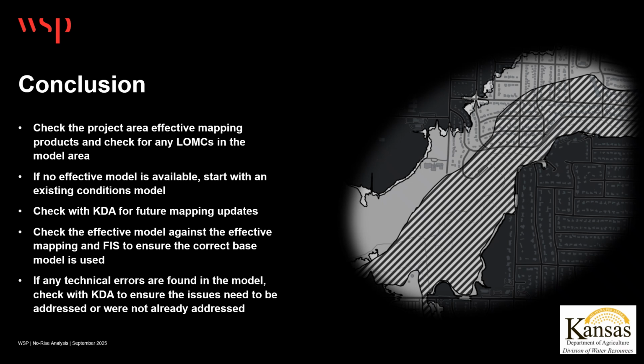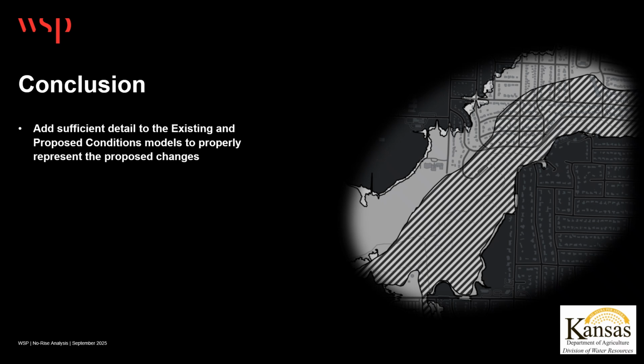And if you find any technical errors in the model, make sure you check with KDA to make sure these issues do need to be addressed and or were not already addressed. But in this case, you would do a corrected effective model. Make sure that you add sufficient detail to the existing and proposed conditions model so that you actually represent the proposed changes. Make sure they are well represented in the model.